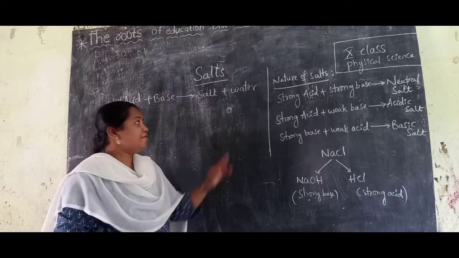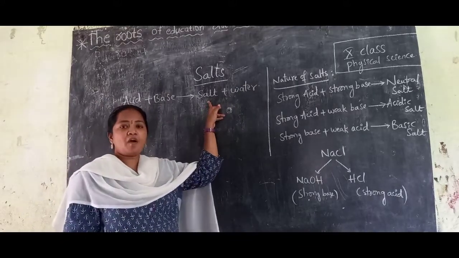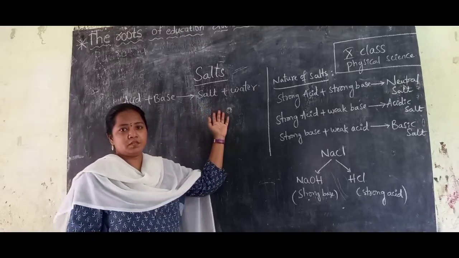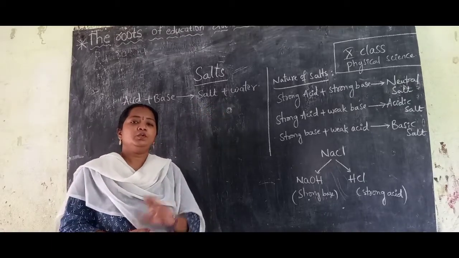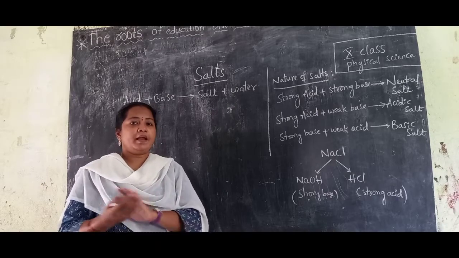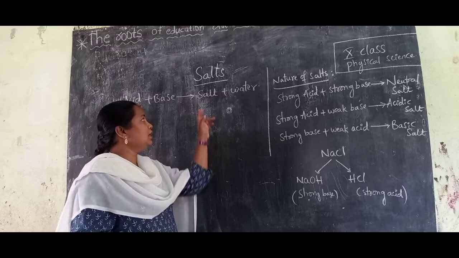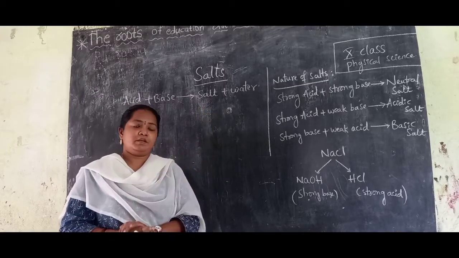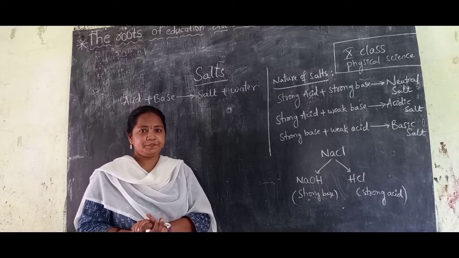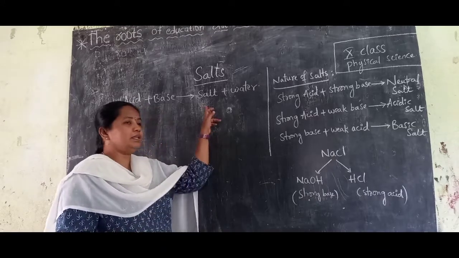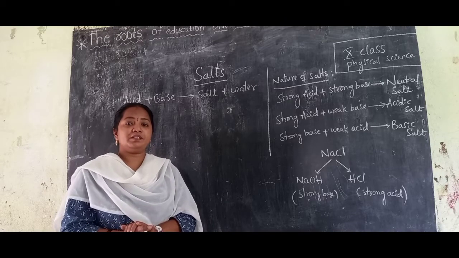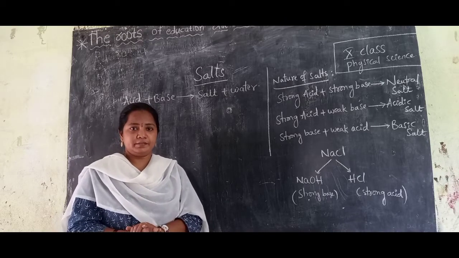Every salt which is formed during a neutralization reaction has two parts, the positive radical and the negative radical. The positive part of the salt comes from a base and the negative part of the salt comes from an acid.